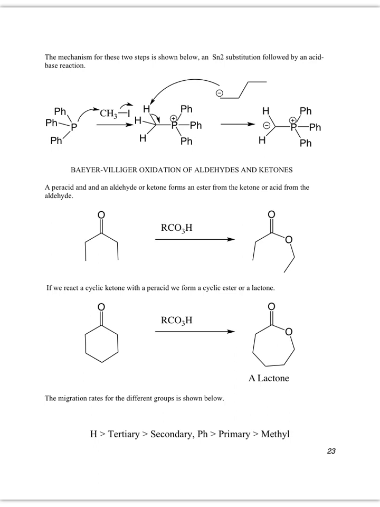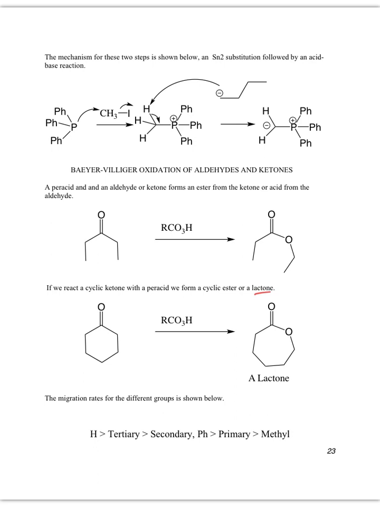Then we have the Baeyer-Villiger oxidation of aldehydes and ketones, where we take a ketone, oxidize it to make an ester, okay, and from the ketone, if it's acyclic, we get the acyclic ester. If the ketone is cyclic, we get the cyclic ester, or what's known as a lactone.